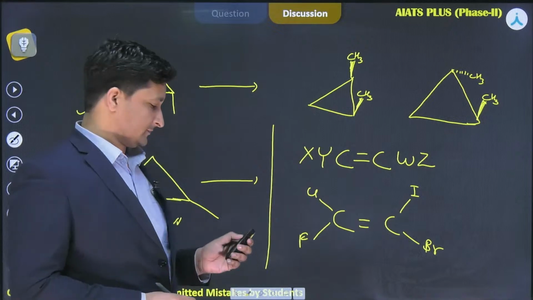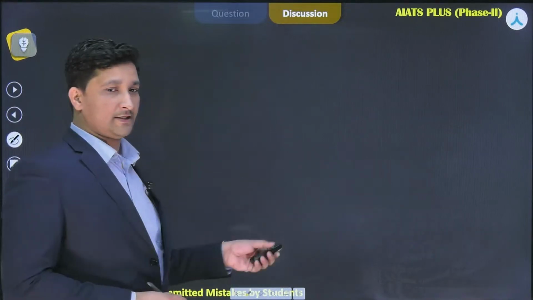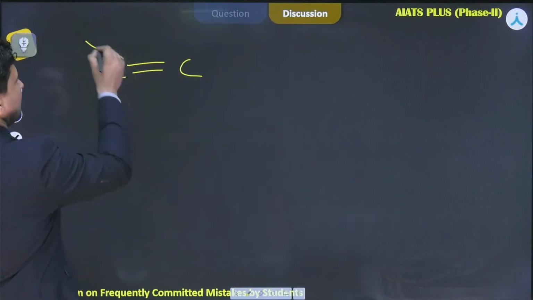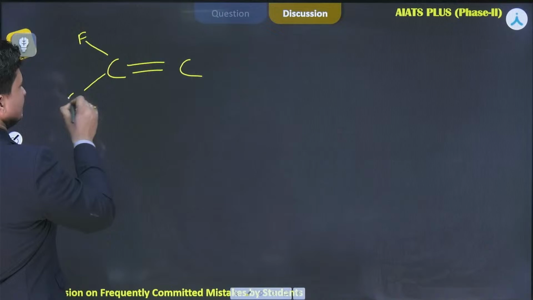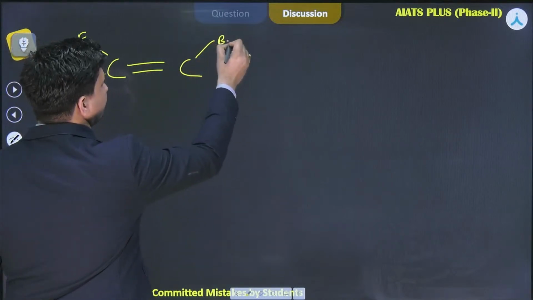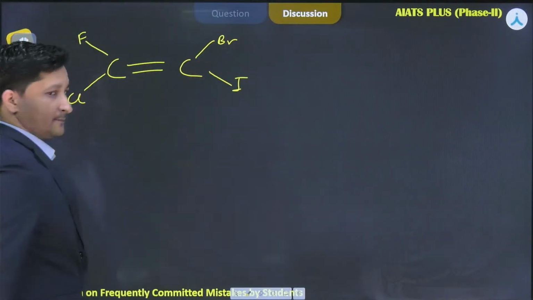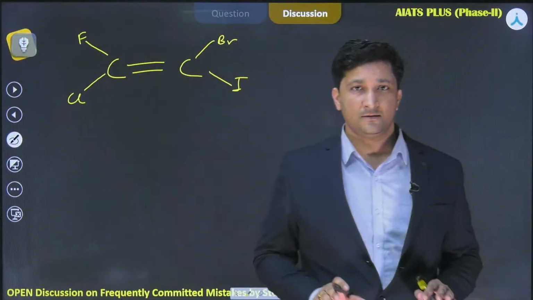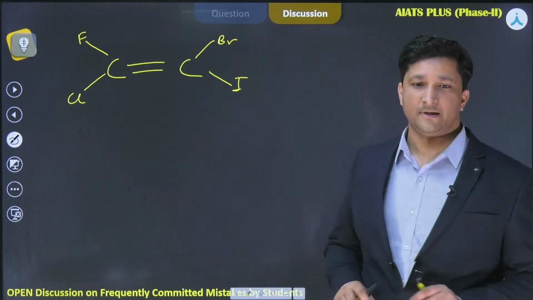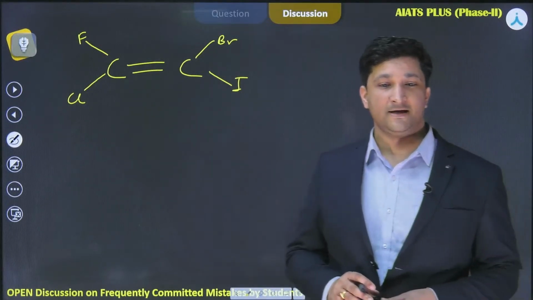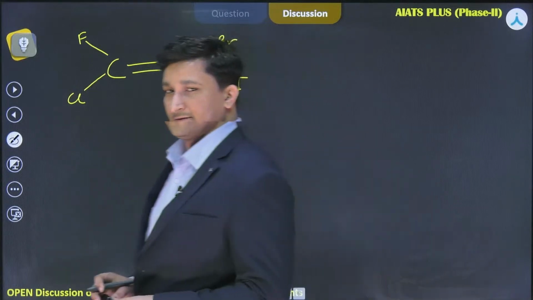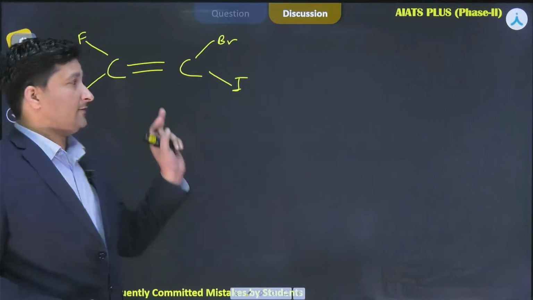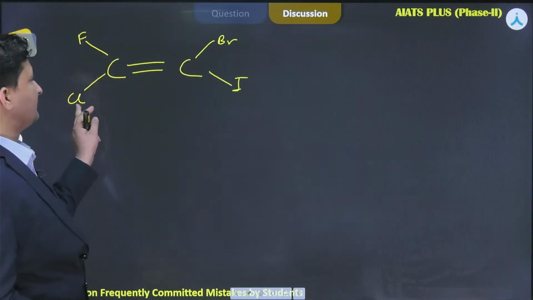Let's have a look. How to draw the geometrical isomers of this? Suppose we have C double bond C, F is there, Cl is there, Br is there, I is there. I am not going to name what kind of classification this is called, but you must know how this shows geometrical isomerism. Aditya Verma is saying that, sir, 4. Very good attempt, but let's have a look. Just make one group common. Fluorine is common, and here we have chlorine.